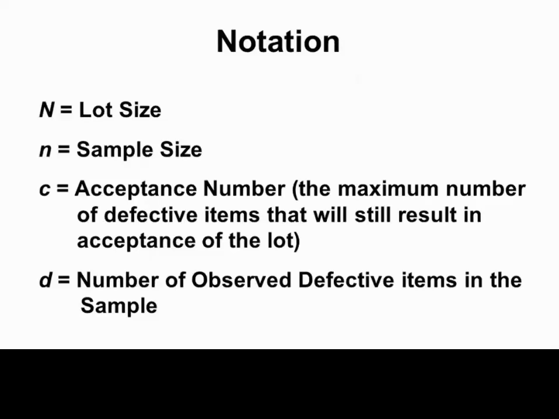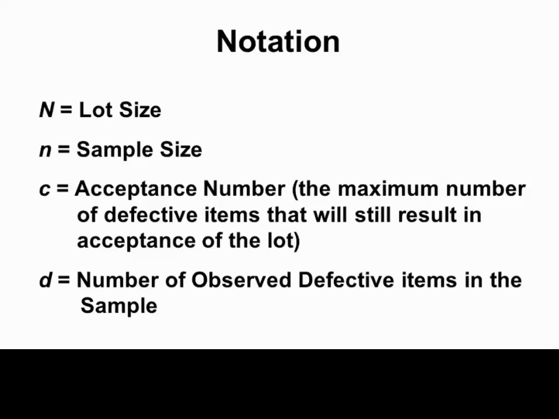And a lot is usually a group of material that's produced consecutively under similar conditions, based on one or more lots of raw materials or components. But we get to kind of define what a lot is. The key thing is it's generally more homogeneous within a lot than between lots.